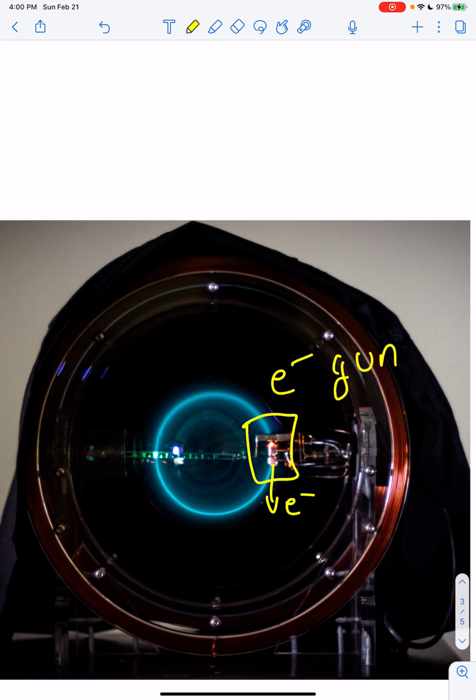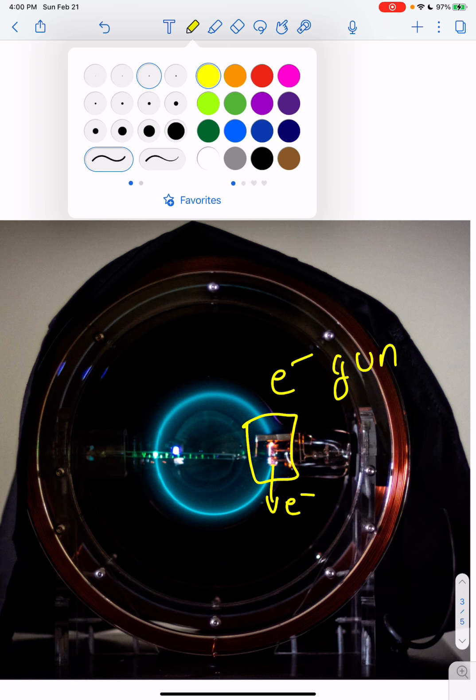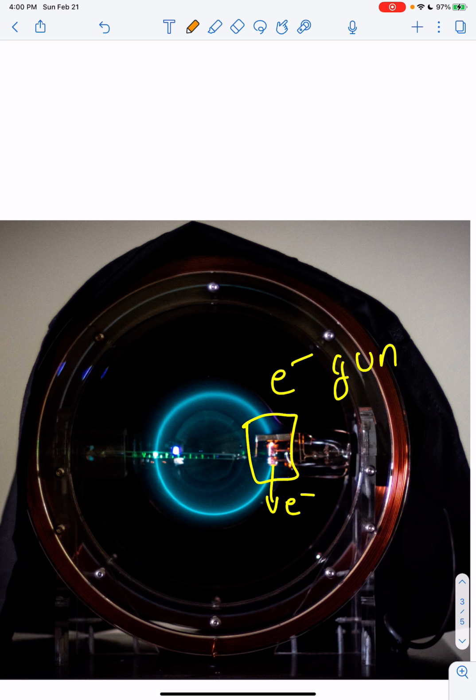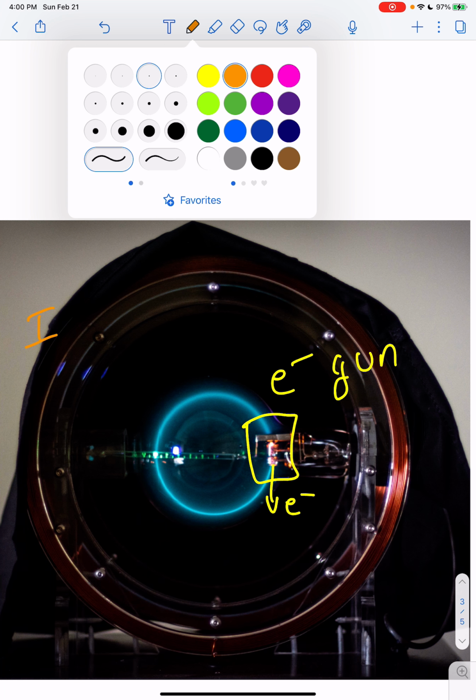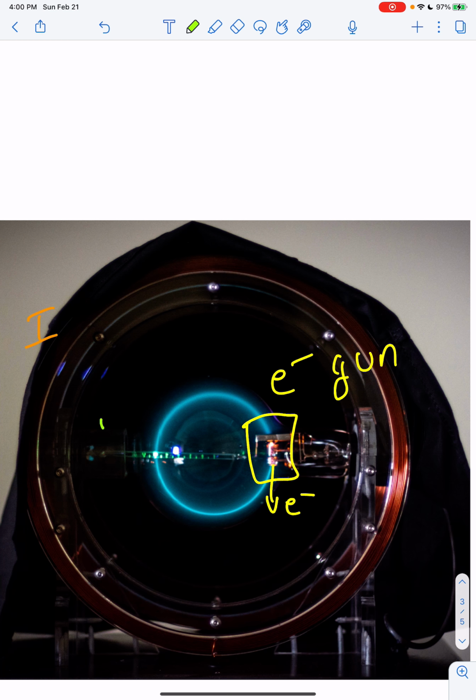Once we do that, we can use the current that is flowing through these coils. All these wires wrapping up are going to produce a magnetic field, and that magnetic field is going to curve that electron beam in a circle.